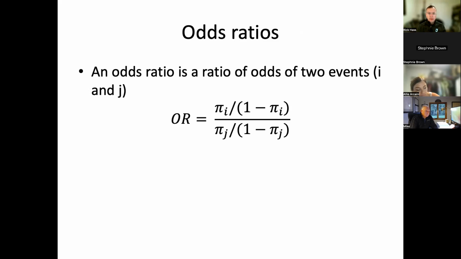So again, our example as we've been going forward is the risk factor is the child's gender and the outcome is whether or not they have asthma, right? So our odds ratio is the odds of having asthma for one group, we'll call it the male group, divided by the odds of having asthma for the other group. So it's a ratio of odds.